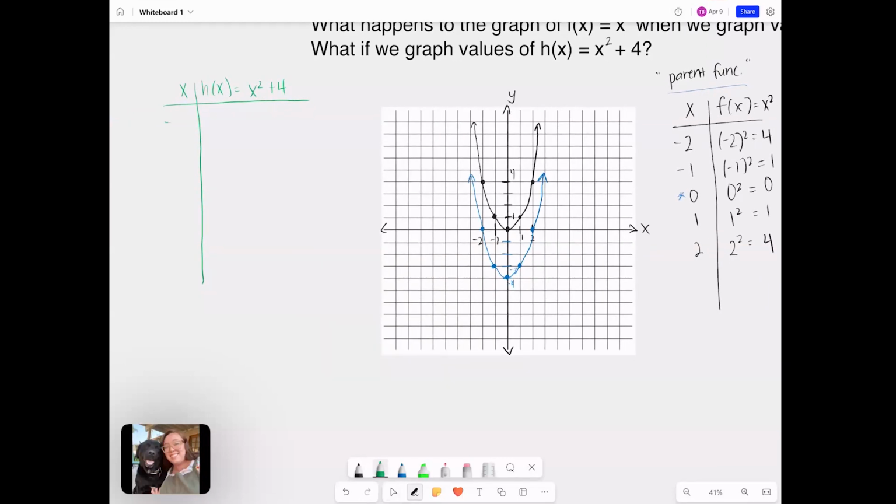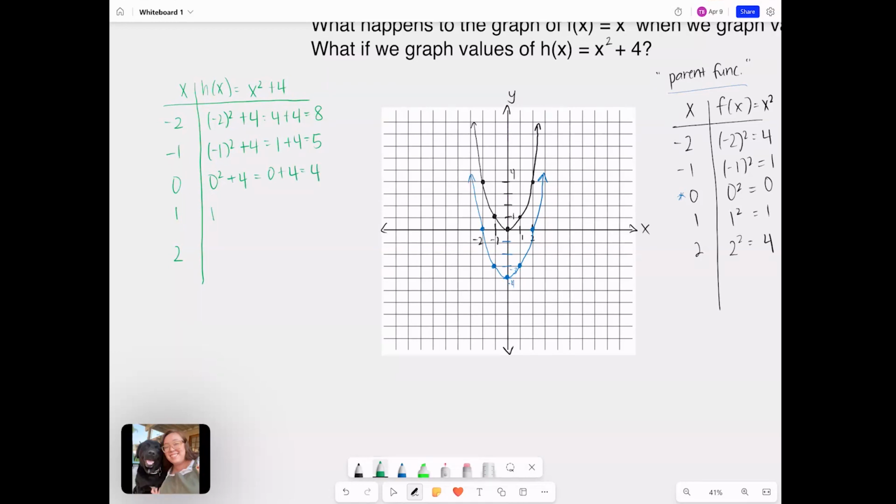Let's see, we've got -2, -1, 0, 1, 2. So we've got -2 squared plus 4. Well, that's 4 plus 4. That's 8. We've got -1 squared plus 4. So that's 1 plus 4, which is 5. 0 squared plus 4 is 0 plus 4, which is just 4.